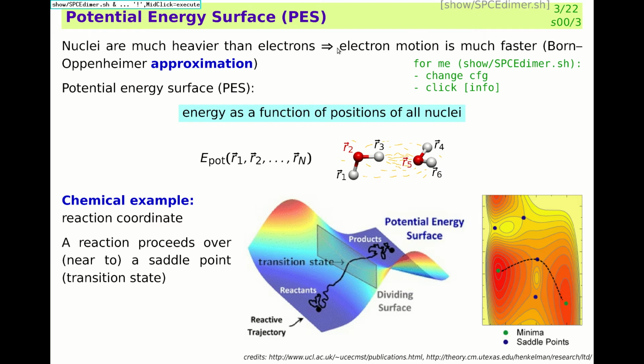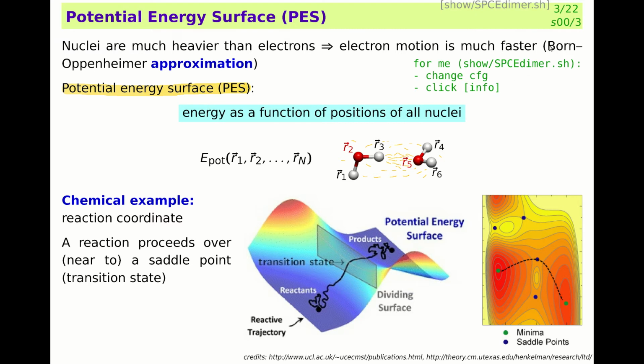That is, essentially, electrons move so fast that we are not interested particularly in these fast motions like in photochemistry. We can integrate out or smooth out the electronic motion. We then define the potential energy surface as potential energy, which is a function of positions of all nuclei.